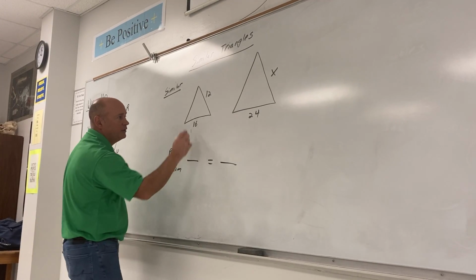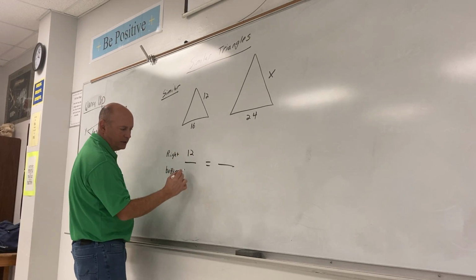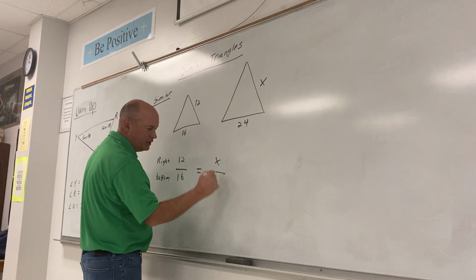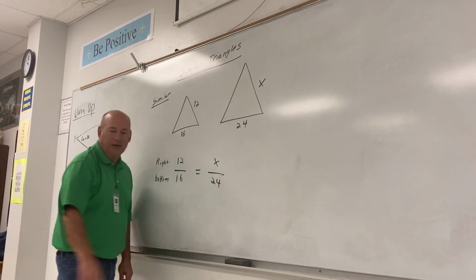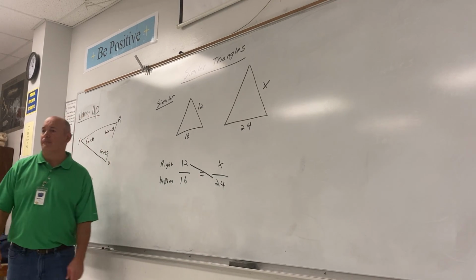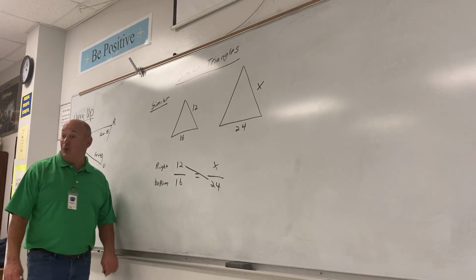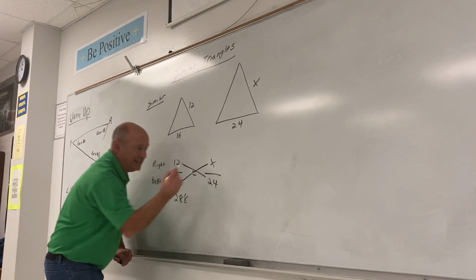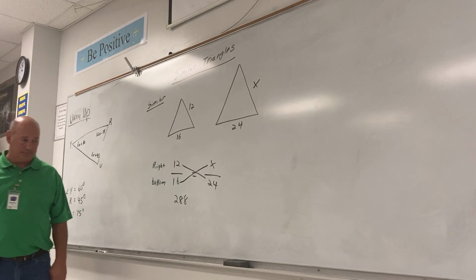That makes sense. So let's go 12 over 16. And what are we going to put over here? X over 24. Sweet. Let's do our butterfly. What's 12 times 24? 288. What's 16 times X? 16x.